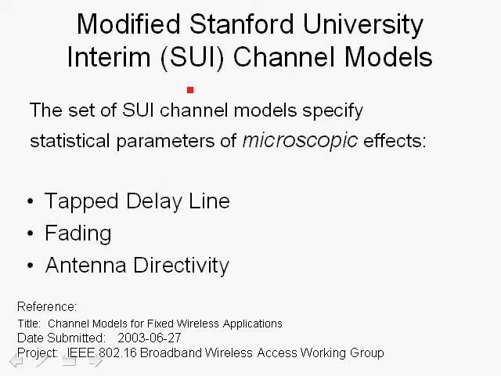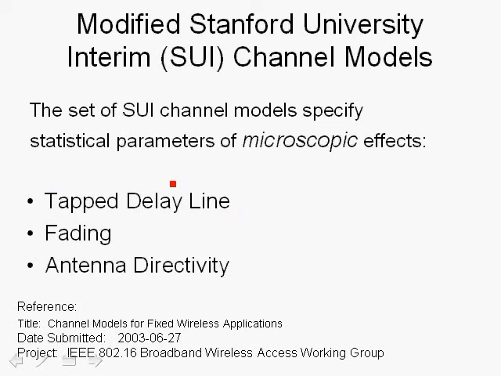Now, as we mentioned before, the Stanford University interim model that we discussed before was for the macro modeling effect, the macroscopic effect, which was the total path loss from the base station to the CPE or subscriber station. But over here we actually talk about the channel model specific to statistical parameters of a microscopic effect, which are fading due to multipath and antenna directivity, and of course Doppler effects.